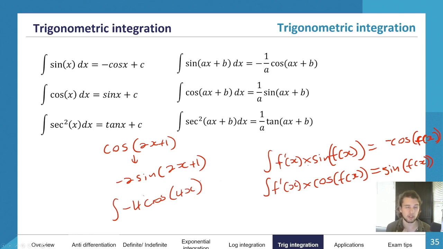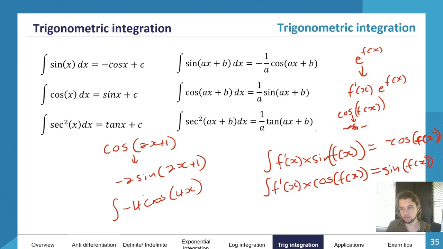I don't think they give it to you in the formula sheet. I don't know why. But it's sort of, to be honest, very similar to when you derive f(x), you get the differential of f(x) out the front. And then you get f(x). Cos and sine are a bit different. If you derive cos f(x), you get the differential of f(x) out the front multiplied by negative sine f(x).